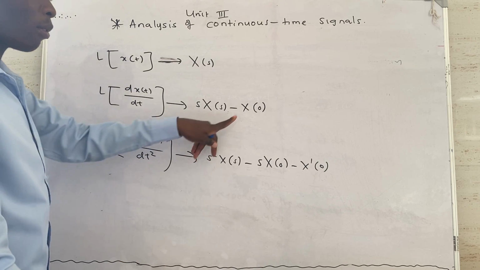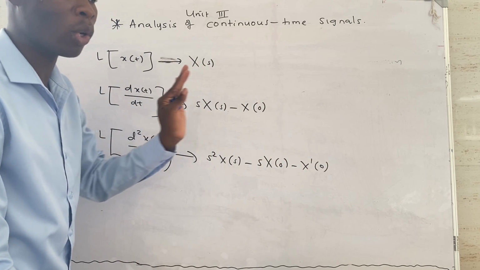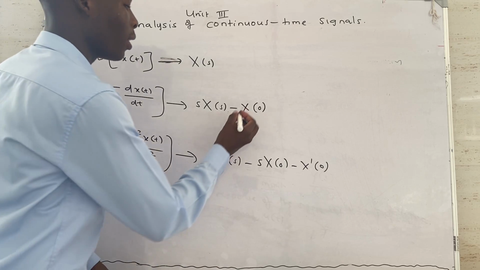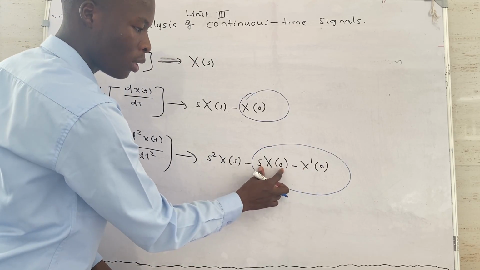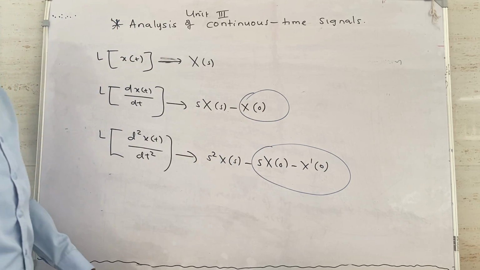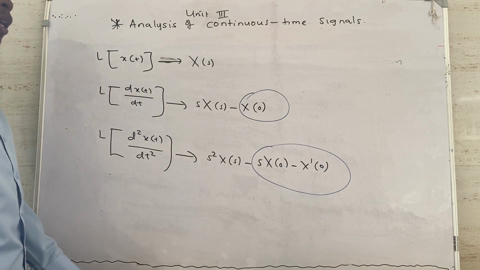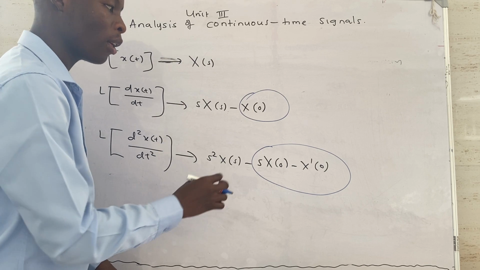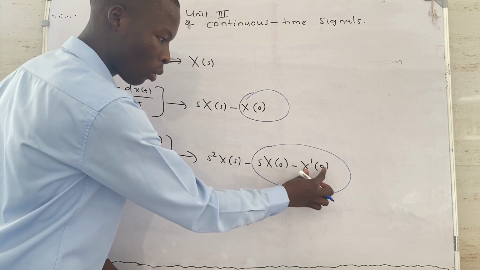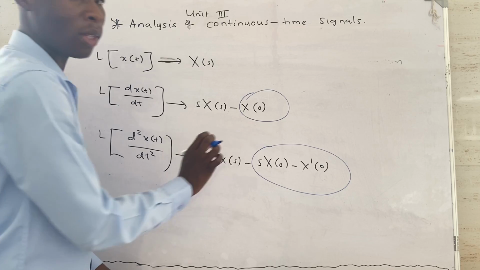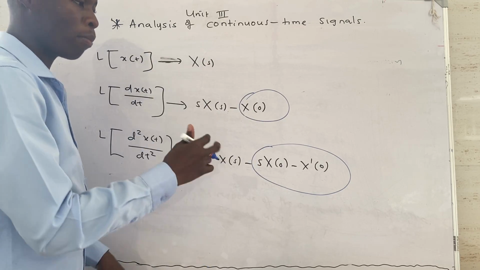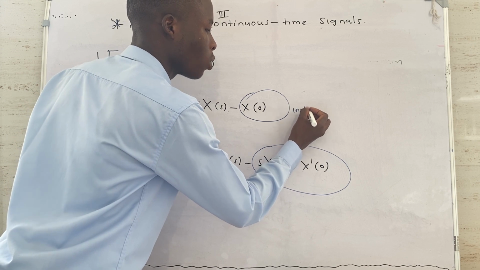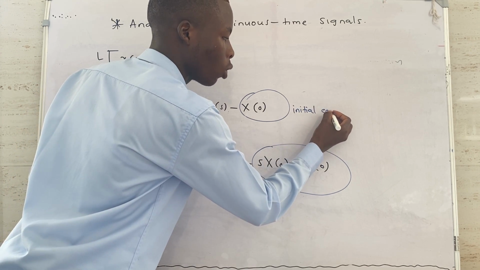Otherwise, if x of 0 and x bar of 0 are not given, these are the initial conditions. You substitute this with 0, this with 0, this with 0. If the values are not given, we place 0 here; if the values are given, you have to substitute accordingly. So these are the initial conditions.